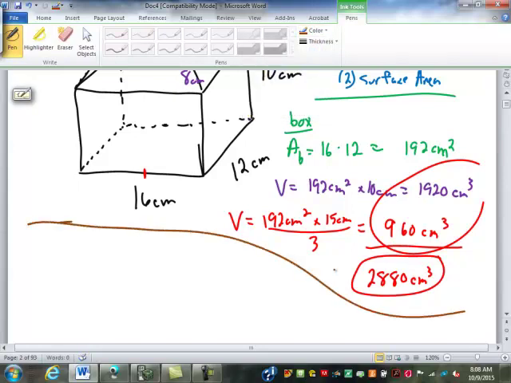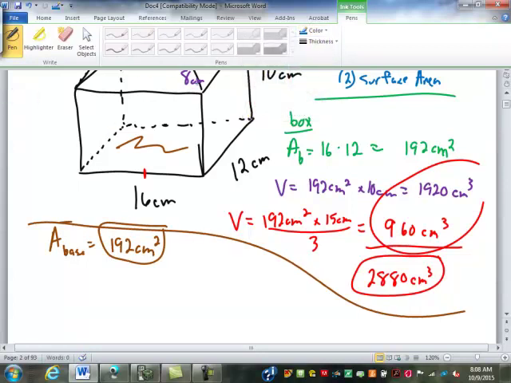Now for surface area, we have the area of our base down here, which is the 192. You got to have that. We're not going to put the top on because we got the pyramid sitting on top.